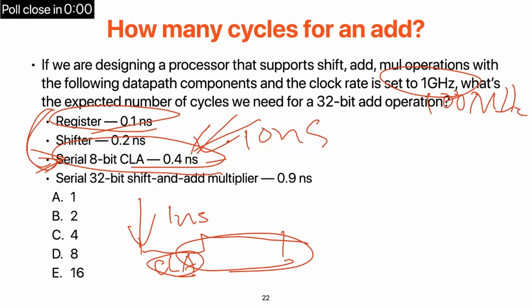Even though we did 2 carry lookahead adds within the cycle, because the register is not updating its value until the next rising clock edge, we are not able to accumulate that result as well.